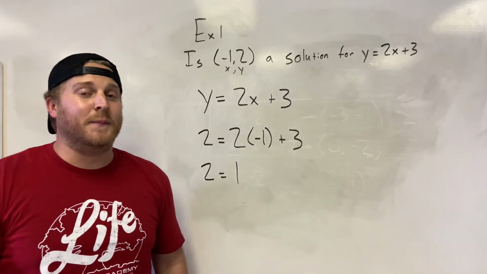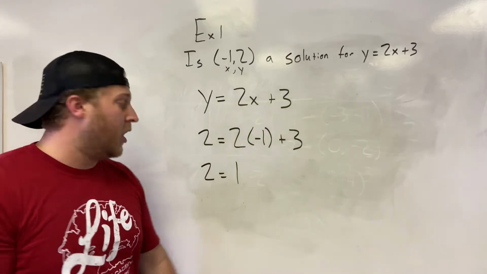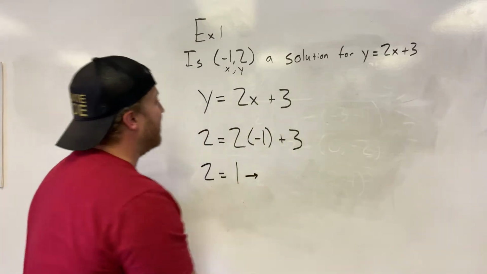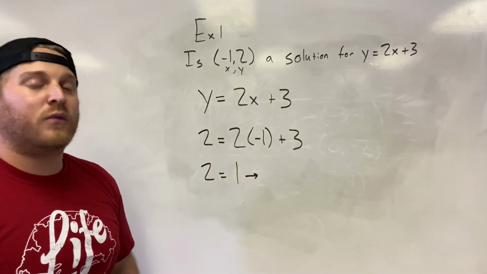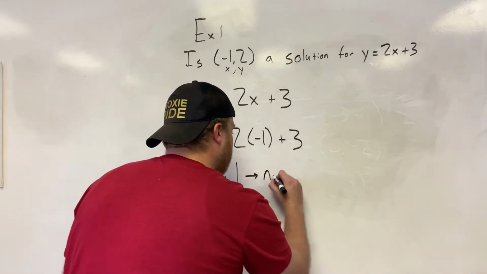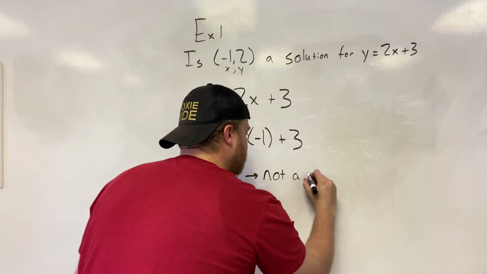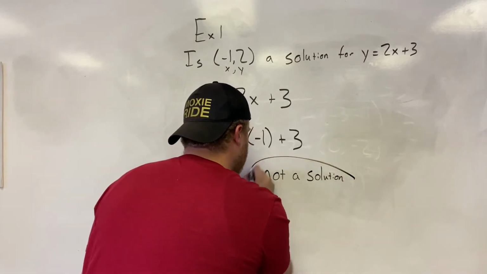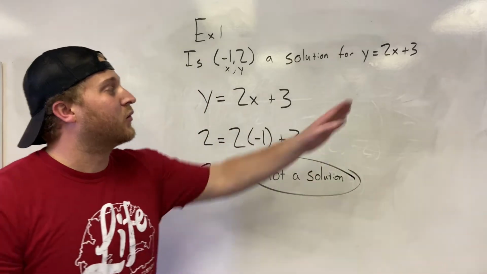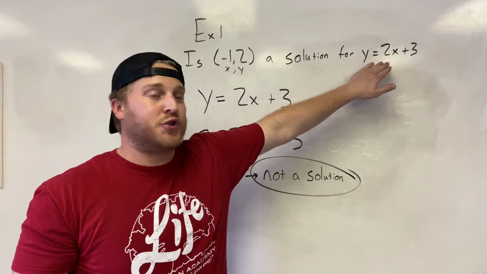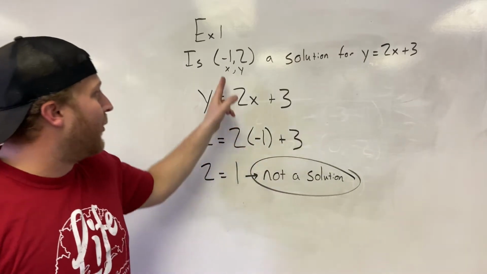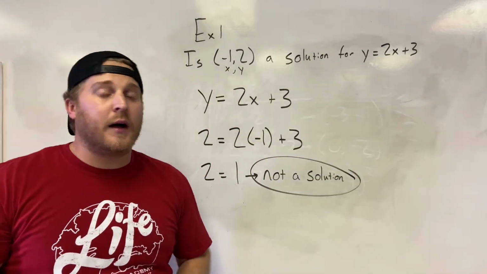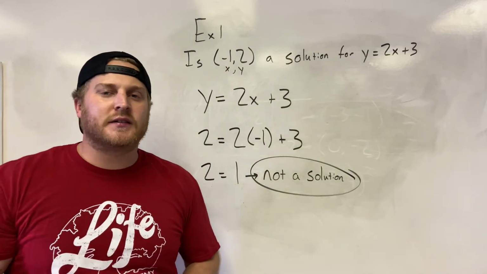So 2 equals 1. Is this a true statement? No, it is not a true statement, meaning that the point (-1, 2) is not a solution. That means that when we graph the line y equals 2x plus 3, the point (-1, 2) will not be on that line. Let's look at example 2 really quick.